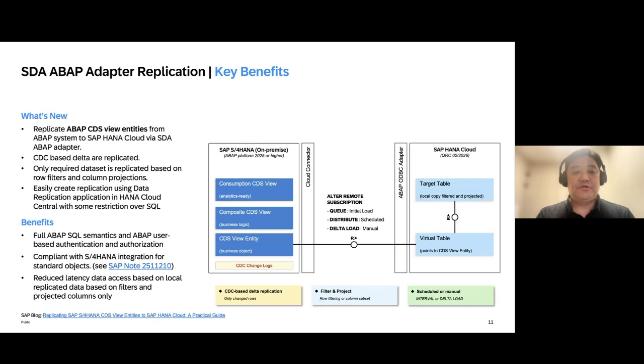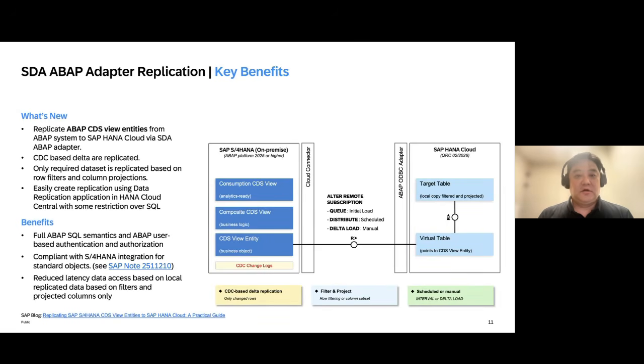Previously, we supported the SDA ABAP adapter connecting to on-prem or S/4HANA public or ABAP environments from HANA Cloud. But it was supporting federated queries when we initially released the ABAP adapter.